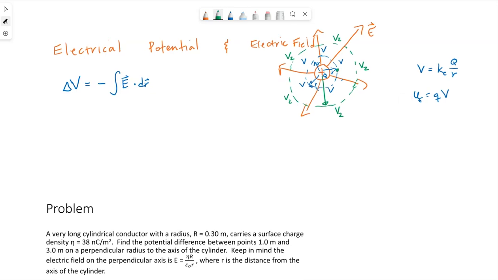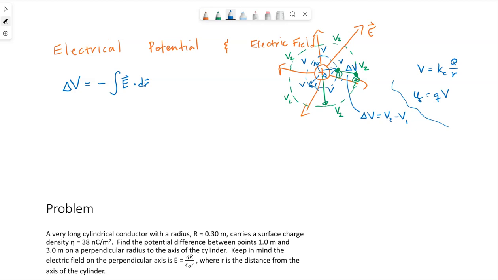If we happened to be talking about a delta V, meaning moving from one location in space, say a point 1 to a point 2, there would be a potential difference between these two points: a delta V of V final minus V initial. That's a potential difference as we move parallel to the electric field line.